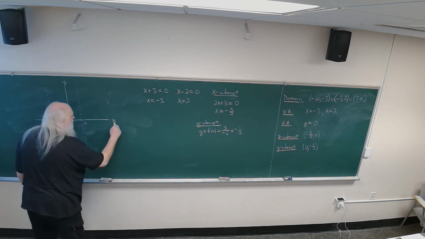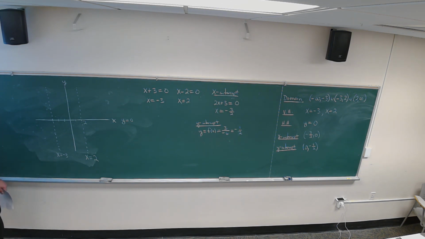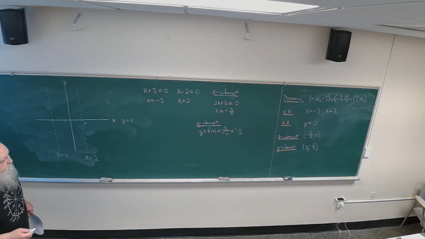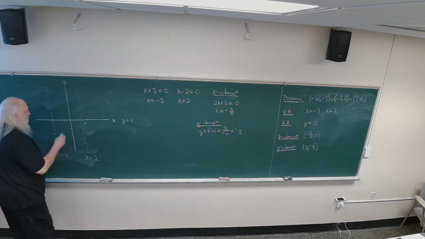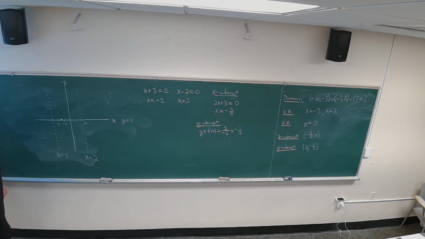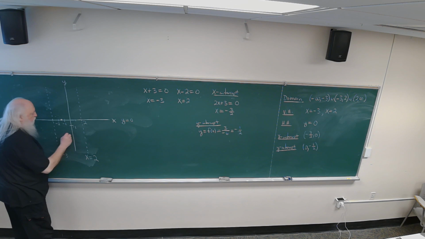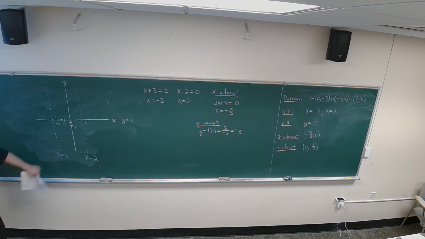And then the horizontal line, y equals 0, corresponds with the x-axis. The x-intercept is at minus 3 halves, 0. So here's minus 1, here's minus 2. Minus 3 halves is the same as minus 1 1/2. So there's the x-intercept. And then the y-intercept's at 0, minus 1/2. So if this is minus 1 on the y-axis, here's where the y-intercept is, halfway between the origin and y equals minus 1 on the y-axis.